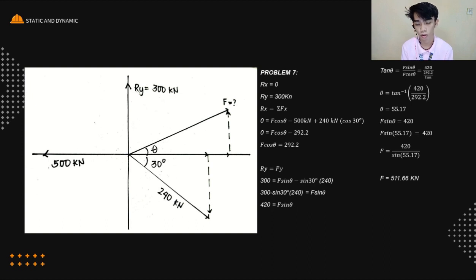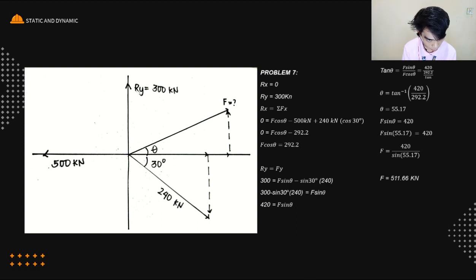So, using our formula, tangent theta is equal to F of y over F of x. Yung value po ng F sin theta at ng F cosine theta is equal na sa 420 over 292.2. Using our calcu, shift tangent, ang makuha nating value ng theta is 55.17.